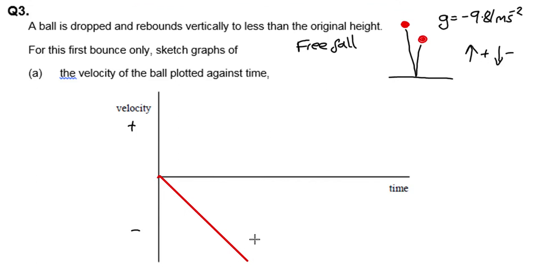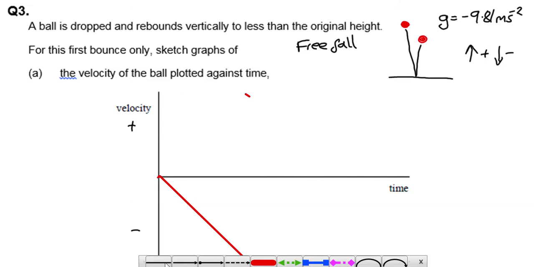Now, when it hits the ground, it's going to instantaneously, pretty much, start going upwards instead. So I will do this as an instant change to an upwards velocity, and I'll just leave that there for a second while we think about it.